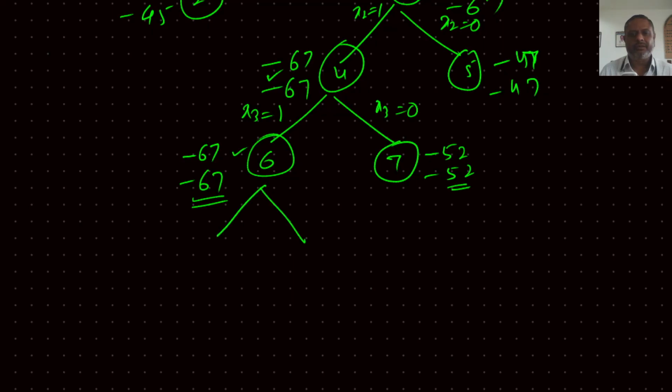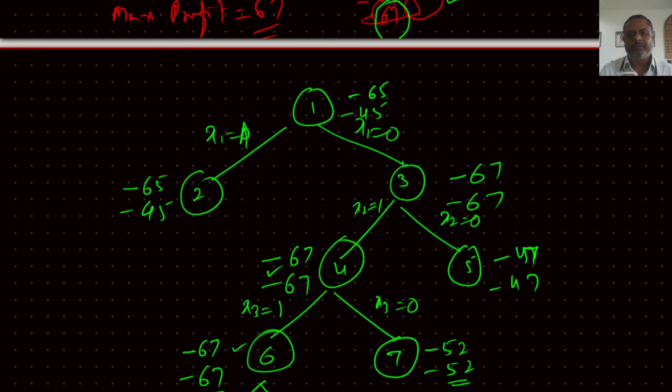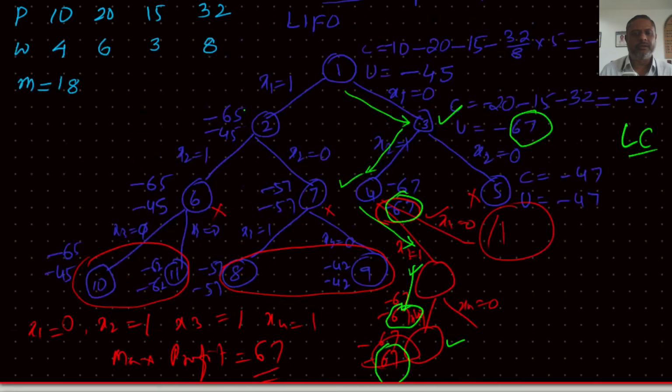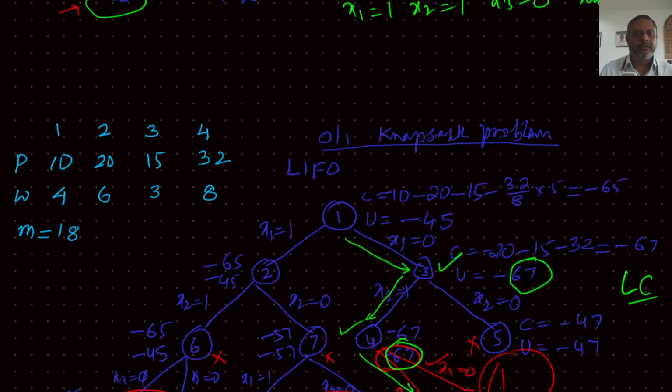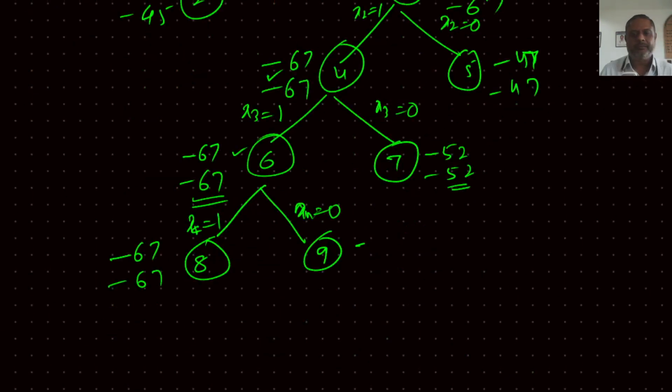So we extend this, x4 equal to 1 and x4 equal to 0. So with x4 equal to 1, we get the 8th node, x4 equal to 0, we get the 9th node. With 1, this is minus 67, this is minus 67. So first is not there, second is there, third is there, fourth is not there, only second and third are there. Then it is minus 35, minus 35.